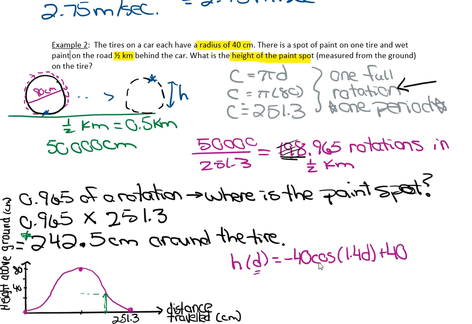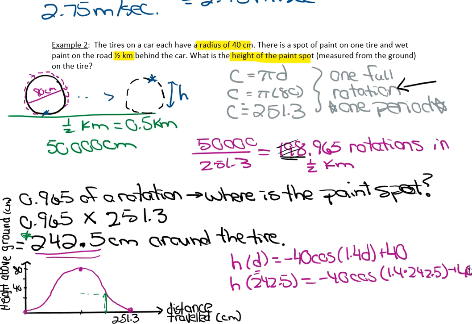What I'm looking for is the height when my horizontal distance traveled is 242.5. Negative 40 cos, now in this bracket, I have to do 1.4 times 242.5, plus 40. So remember your order of operations here.